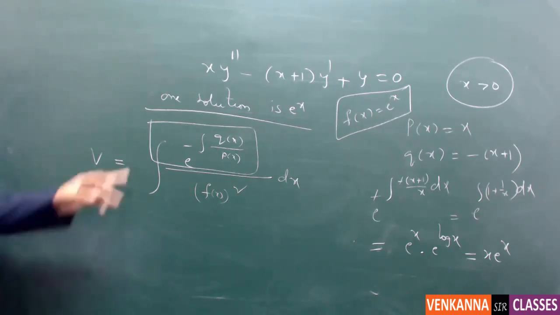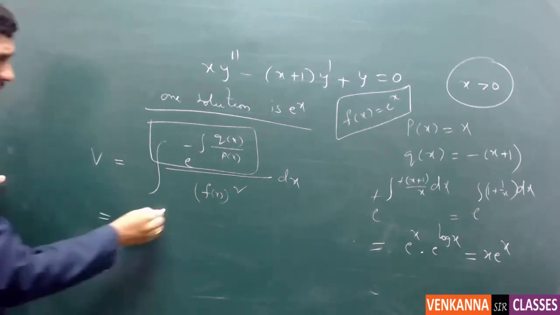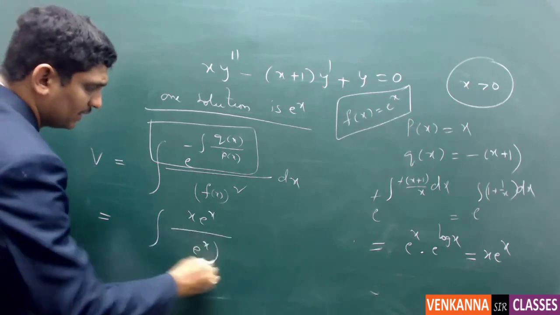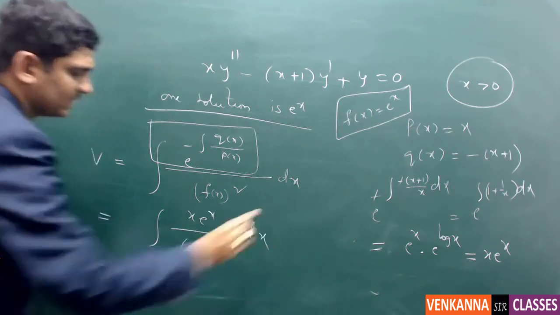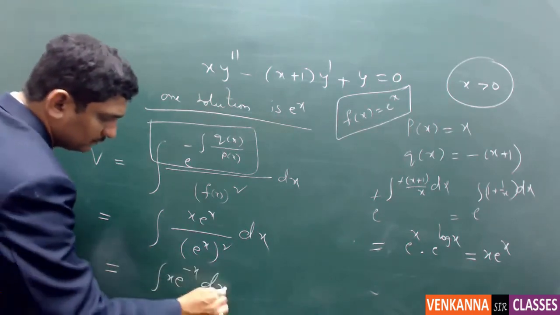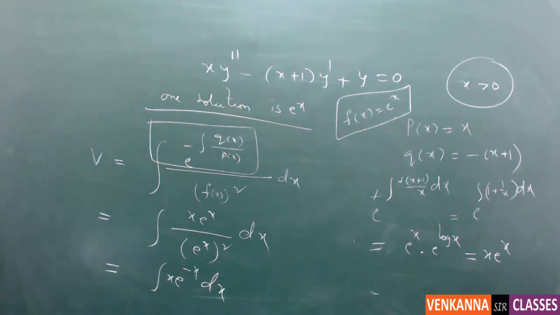So if we substitute the values there, integral x e power x by e power x whole square dx, v is equal to integral x into e power minus x dx.